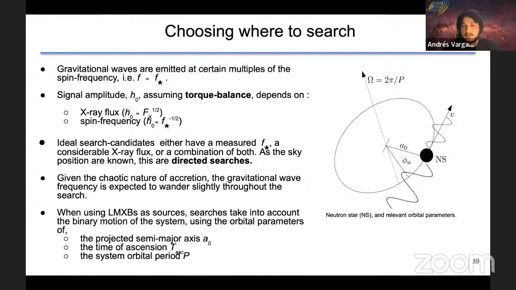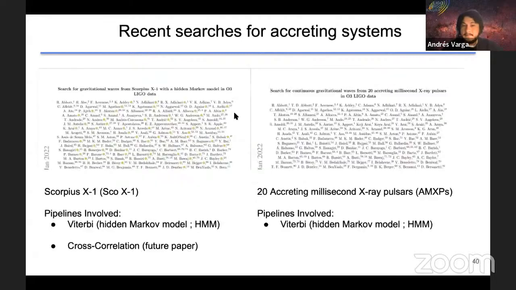And also, as we're handling a binary system, we have to take into account the binary motion, and this is done through 3 orbital parameters, which are the projected semi-major axis, which you can see in the image to the right, the time of ascension, which is a reference time of where the star was at some point, and the system orbital period. Now, moving on to the next slide.